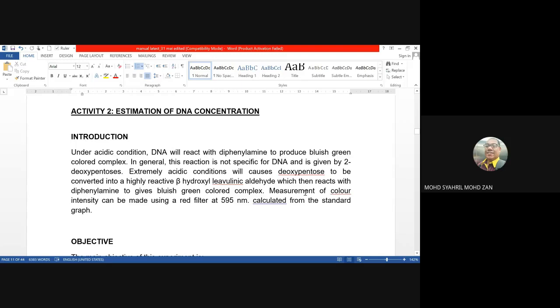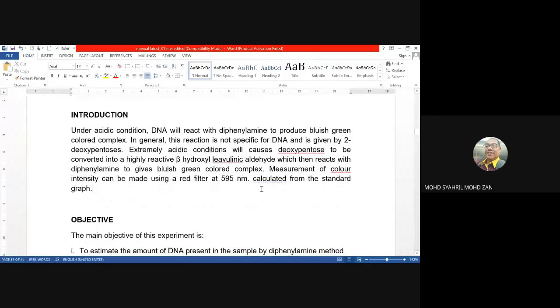So to measure the concentration, mostly we're using what we call a spectrophotometer. Okay, so we use a special wavelength. Okay, so wavelength 595 nanometer will capture all the red color. From there, you have to calculate and do the standard graph.